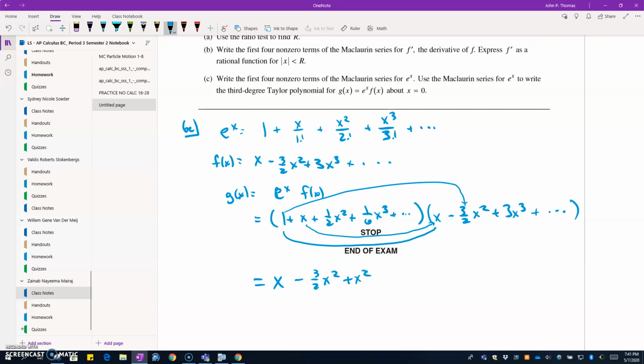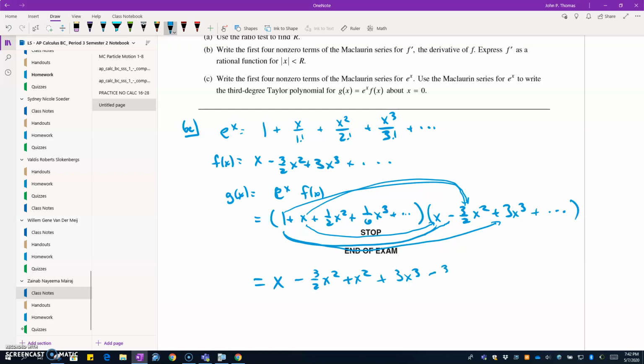Then I want my x cubes. If I do that, I'm going to have my 1 times my x cubed term, so that's going to give me a plus 3x cubed. I'm going to have my x times my x squared terms.